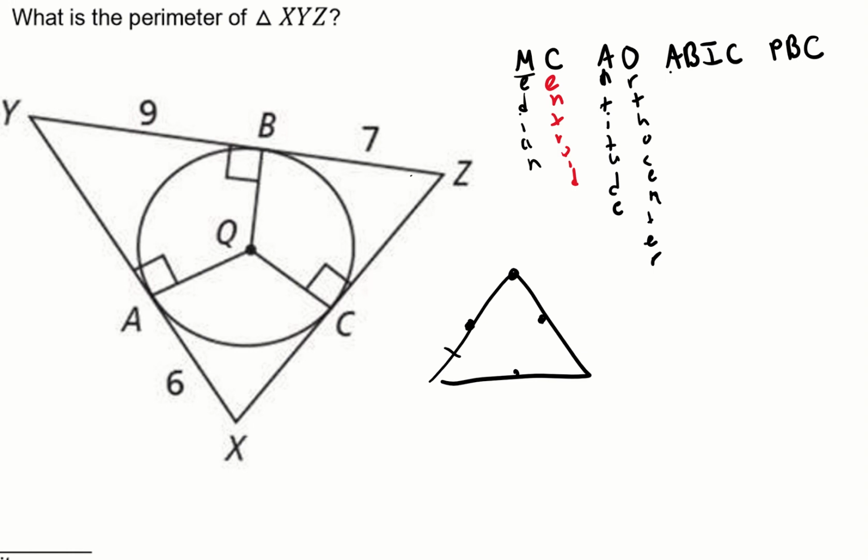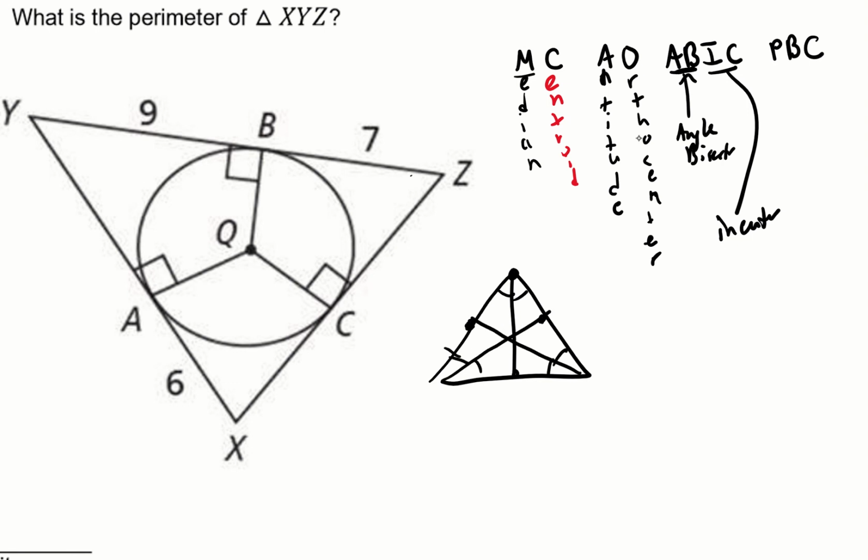Now, A-B stands for angle bisector, and this stands for incenter. Now, angle bisector is when you cut an angle in half. And when you cut the angles in half, then where those three lines meet is known as the incenter.